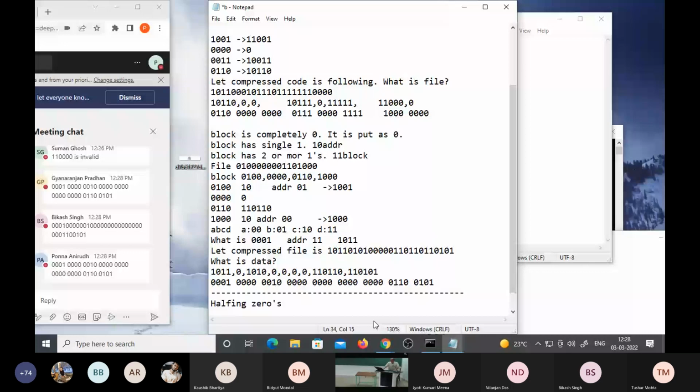Is it correct? Any doubt related with above?